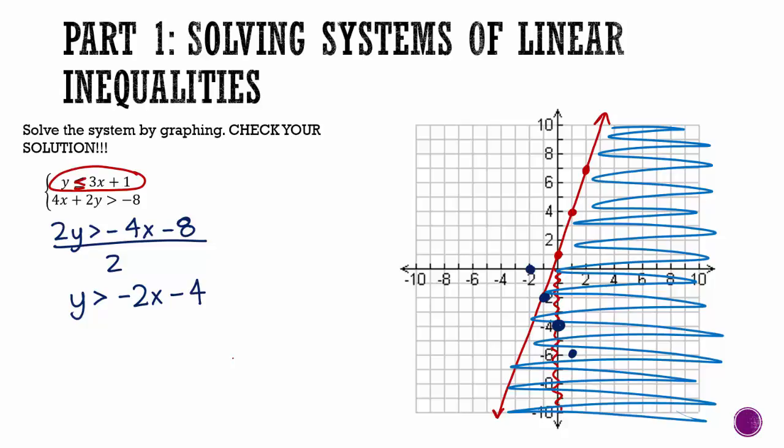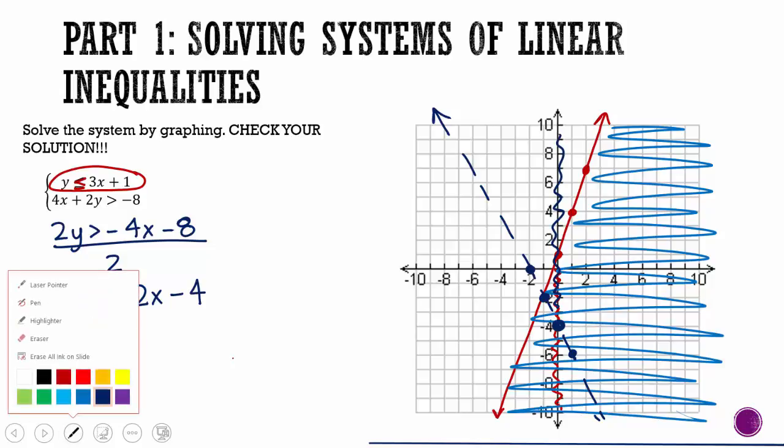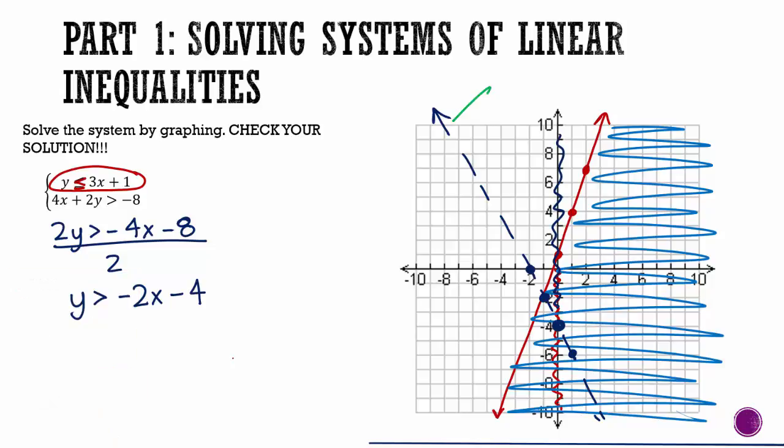This one's going to be a dashed line, because it's just a greater than symbol. And then remember, I want all the y values greater than this point, so that means when I go to shade, I'm going to shade everything up here.